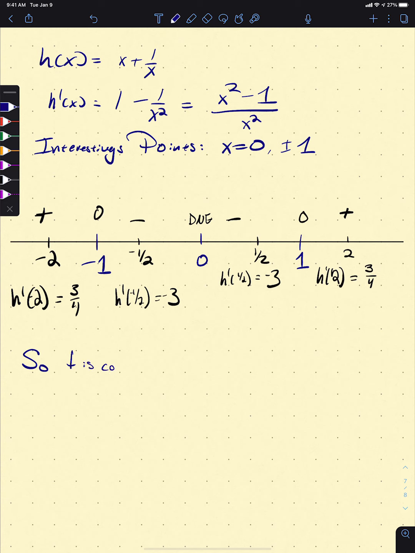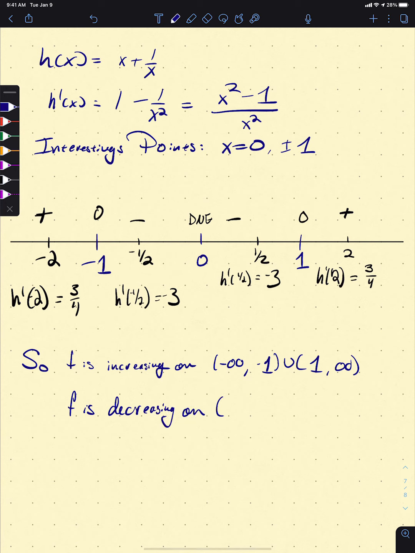So f is going to be increasing on -∞ to -1, union 1 to infinity. And f is decreasing on -1 to 0, union 0 to 1.